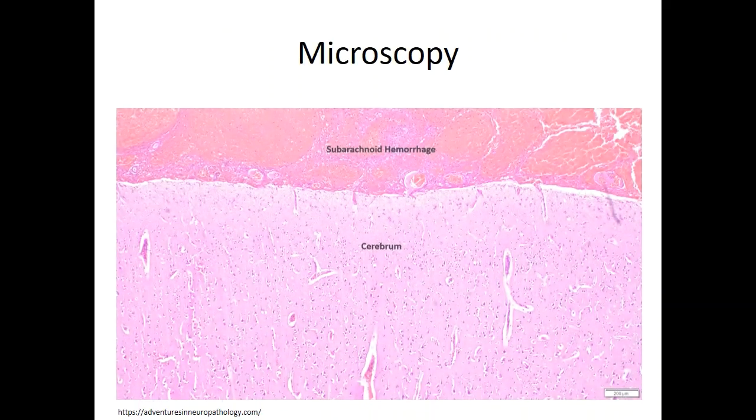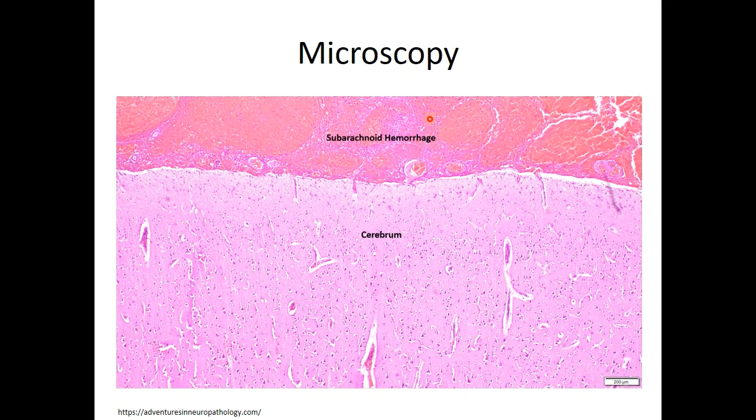Now coming to the microscopic picture of it, what do you see here? You see large dilated vessels, okay, laden with RBCs and showing a characteristic hemorrhage in the subarachnoidal vessels.